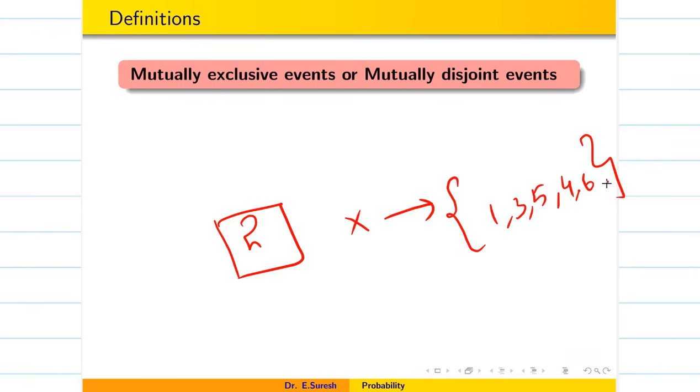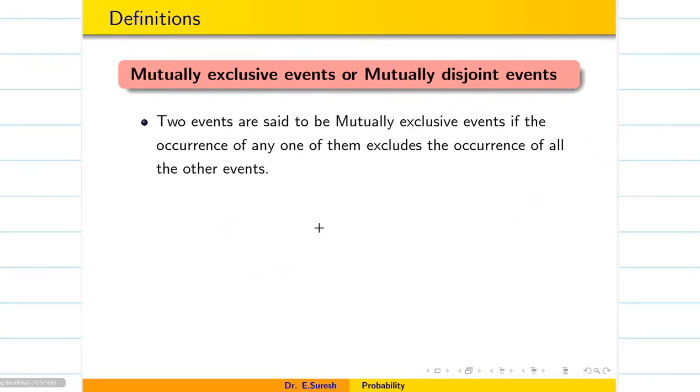So the occurrence of one event stops all the occurrences of other events simultaneously, then it is called a mutually exclusive event. So the simple example is getting head and tail in a coin. When you toss, these are all mutually exclusive. If you get head, you will not get tail. If you get tail, you will not get head simultaneously. Now you understand, guys.